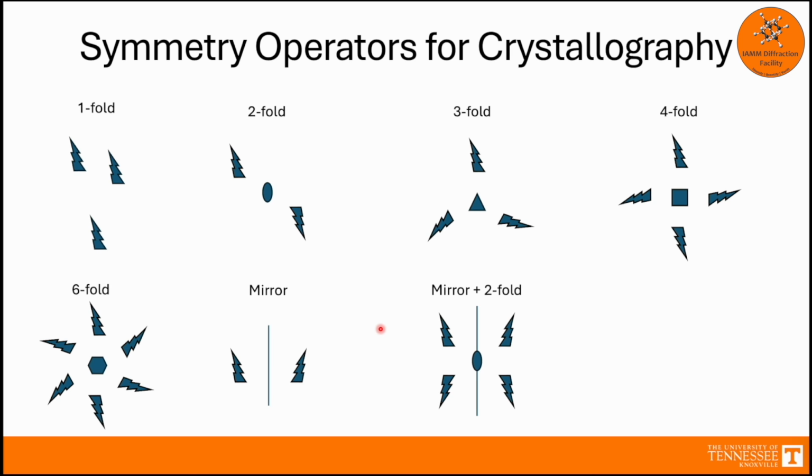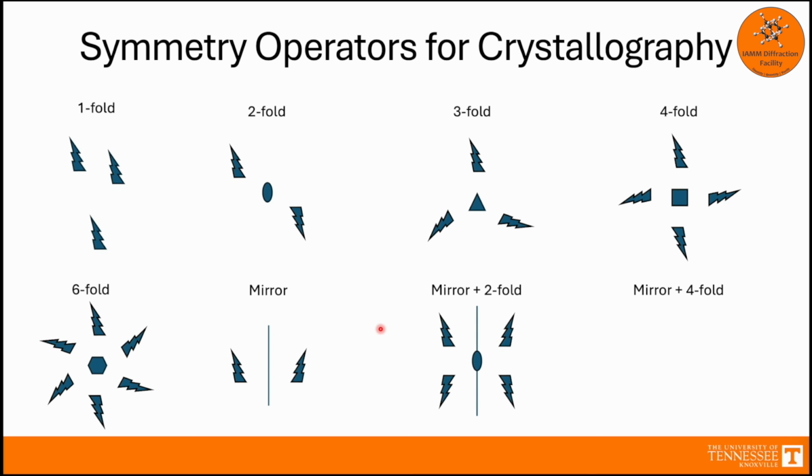One thing I will point out is that you can wind up with more symmetry elements than you think. Yes, this has a mirror plus a 2-fold, but not only is the mirror that way, it's also this way. So that's just something to keep in mind. Combining symmetry operators can produce others.